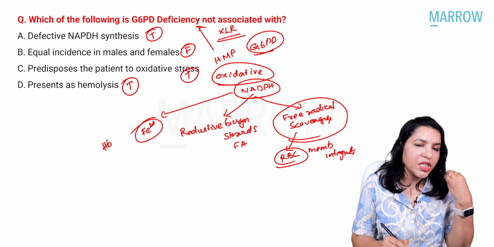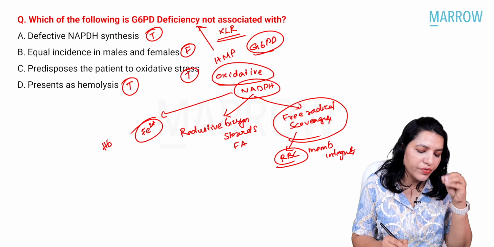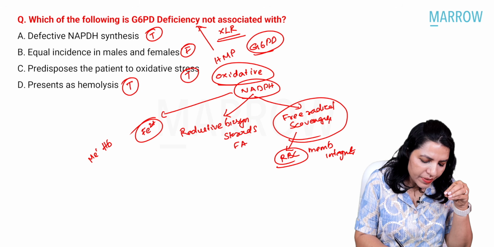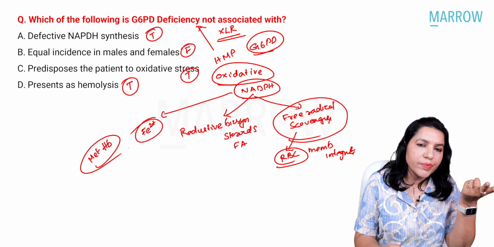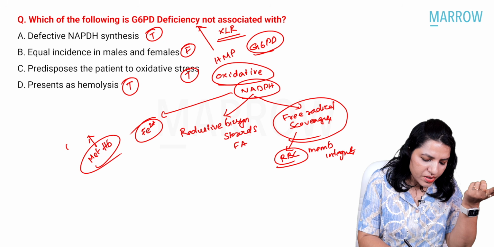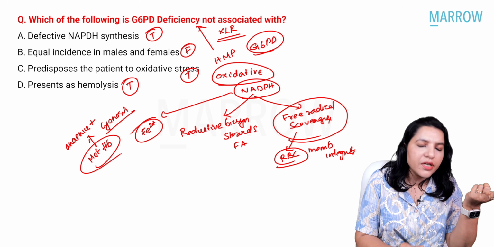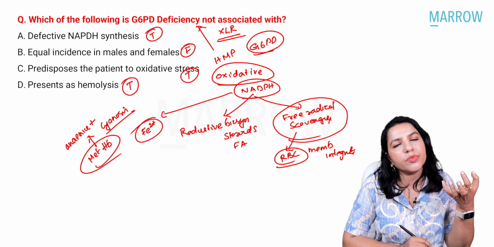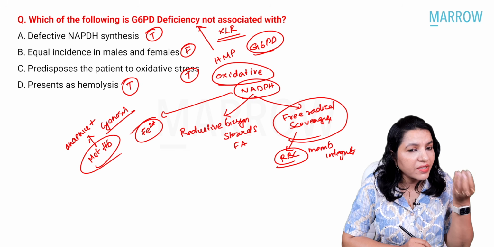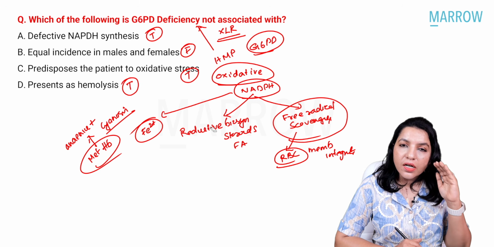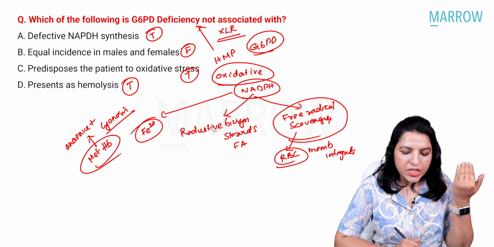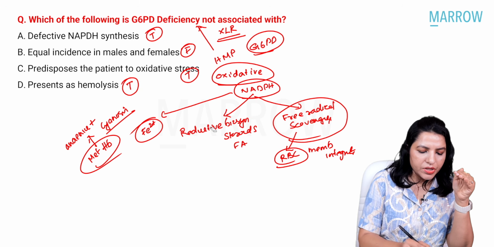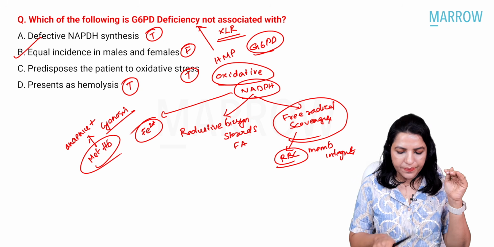Inside the hemoglobin, if the ferrous iron is converted to ferric iron, then it becomes methemoglobin. So, if there is methemoglobinemia, it causes anemia, plus there is bluish discoloration of the skin. It is because the oxygen carrying capacity of the hemoglobin is lost. So there is cyanosis as well. So these are all the features. So which is not associated with is the question, and the answer here is B.